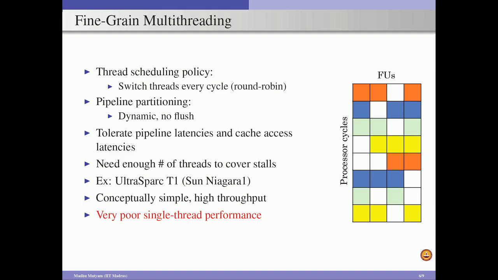So once we have enough threads, we can switch across this large number of threads, so that we can hide the latencies associated with these long latency events or short latency events. The processors which implemented this type of fine grained multithreading are the UltraSPARC T1 Sun Niagara 1 processor, and the current NVIDIA GPU processors also use fine grained multithreading.